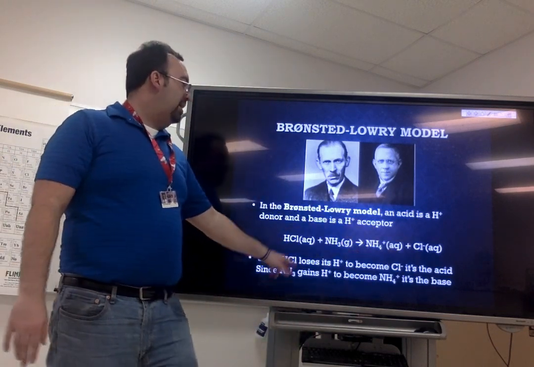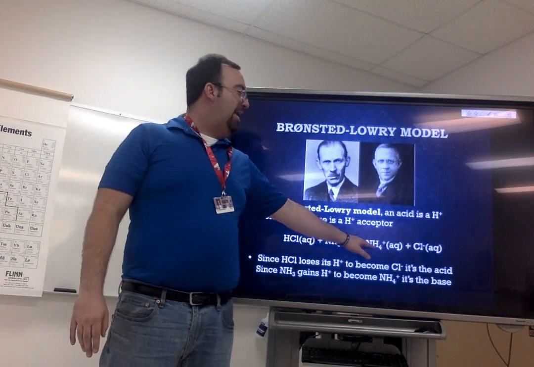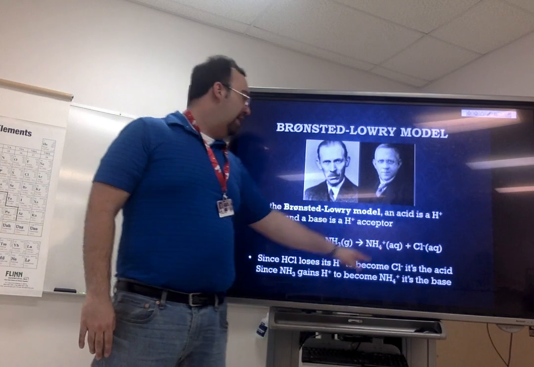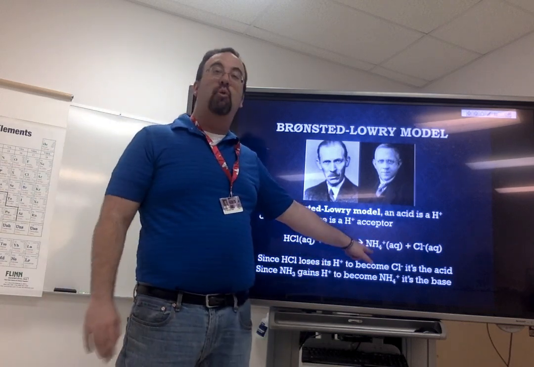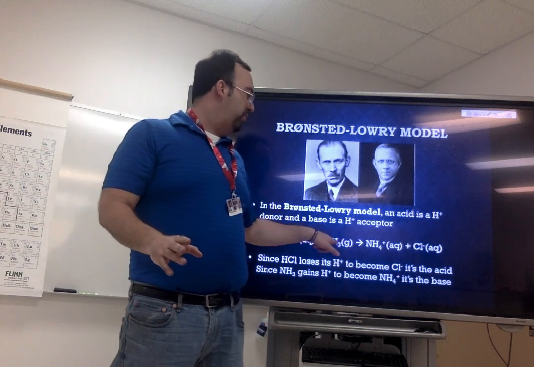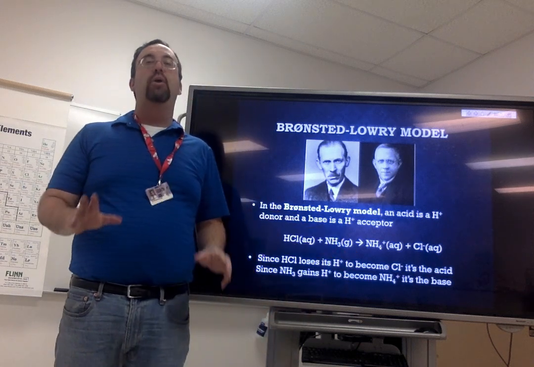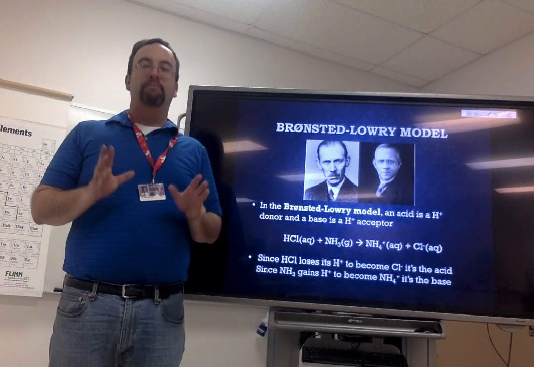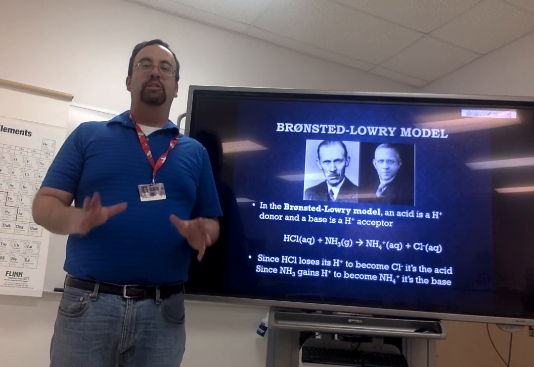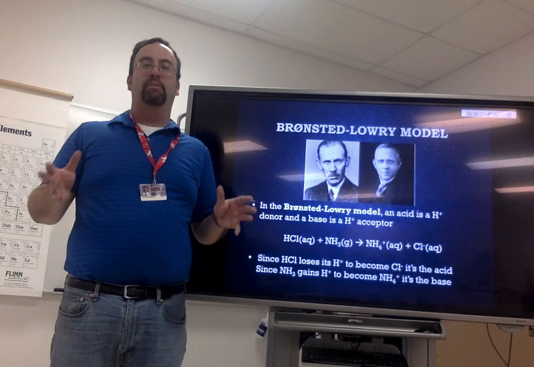The NH3 ends up gaining a hydrogen. Notice it's going from 3 to 4 hydrogens, and therefore it becomes NH4 plus because it gained an H plus. Therefore, this is the base. And so this definition is a much more useful definition of acids and bases than Arrhenius. But again, we had to have them start somewhere.